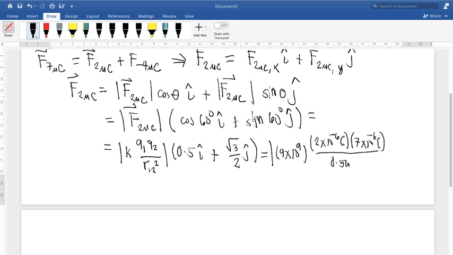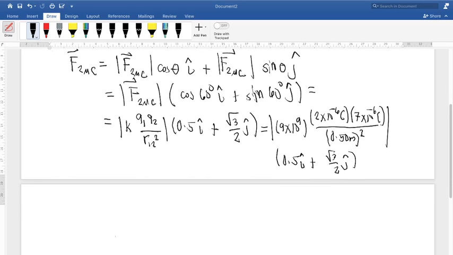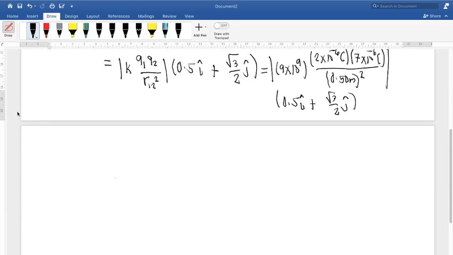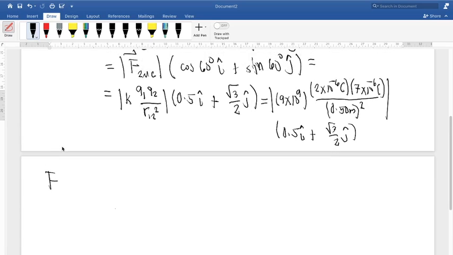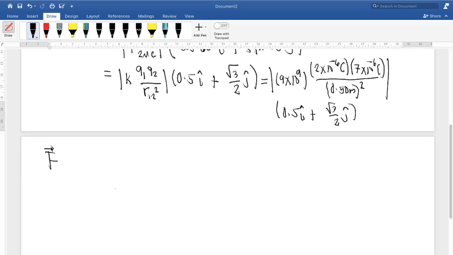So 0.50 meter squared, then we have the angle, so times 0.5 i hat plus square root of 3 over 2 j hat. Okay? So simplifying for the magnitude of your force exerted by the 2 microcoulomb.